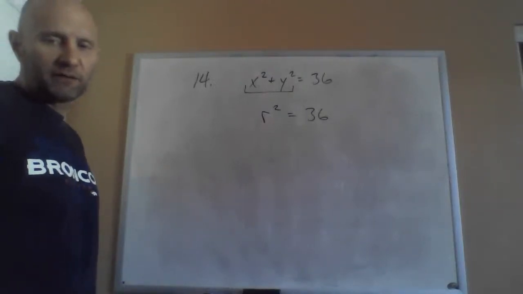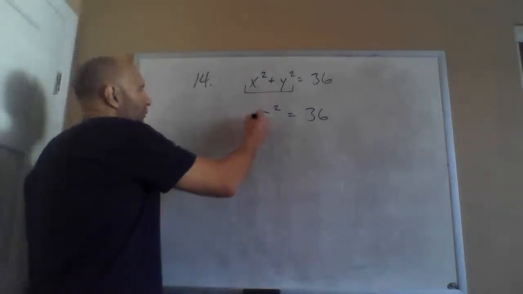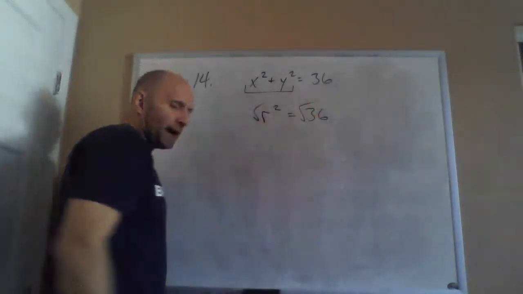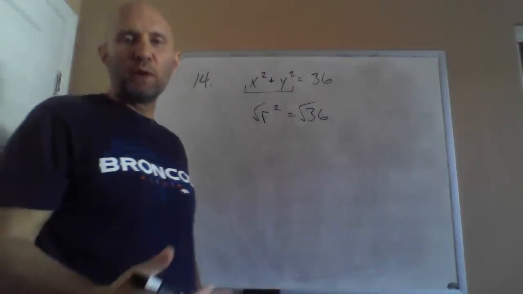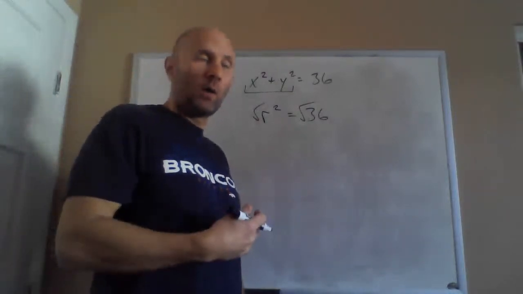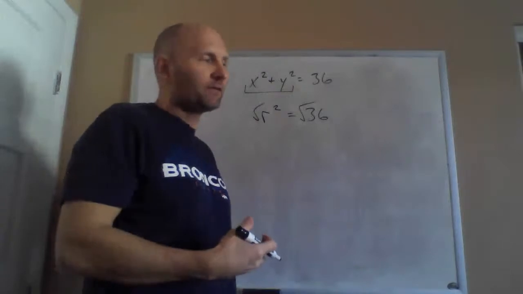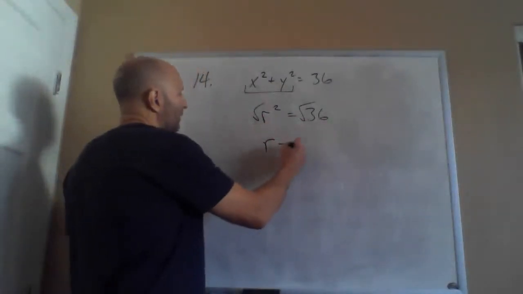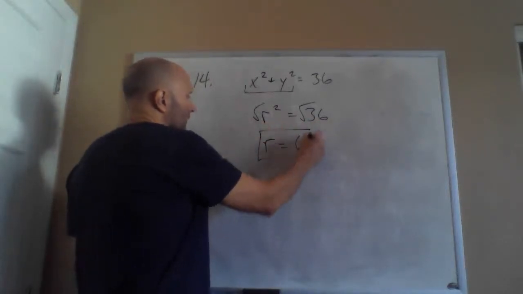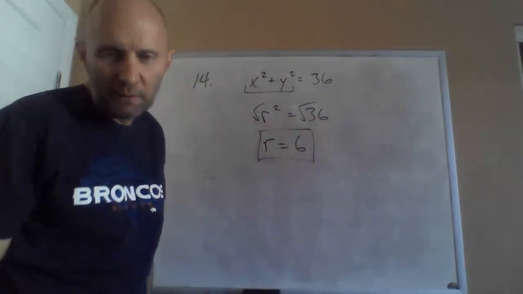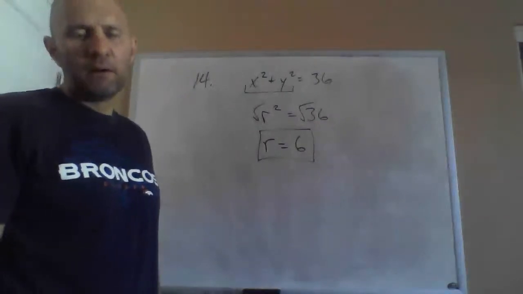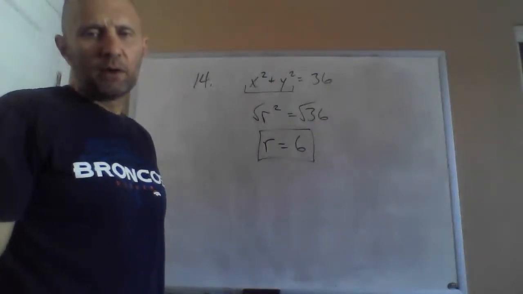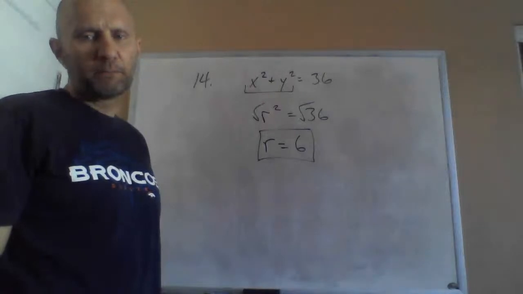So how do I get r by itself? Square root both sides. Now, typically when we take the square root, we have plus or minus. However, this is talking about the radius, so we're just going to go with the positive value. So this becomes simply r is equal to 6. Any questions on that one?